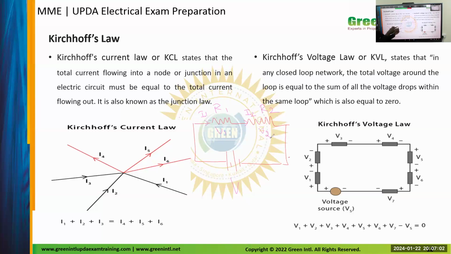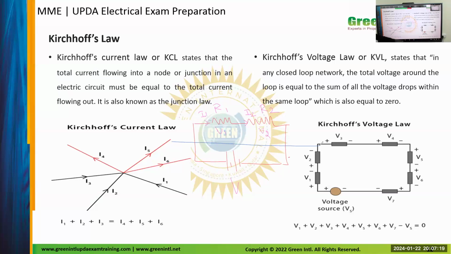Now we come to Kirchhoff's voltage law. The circuit is closed, so we can apply Kirchhoff's voltage law. I divided the entire circuit into two parts, above the blue line and below the blue line.